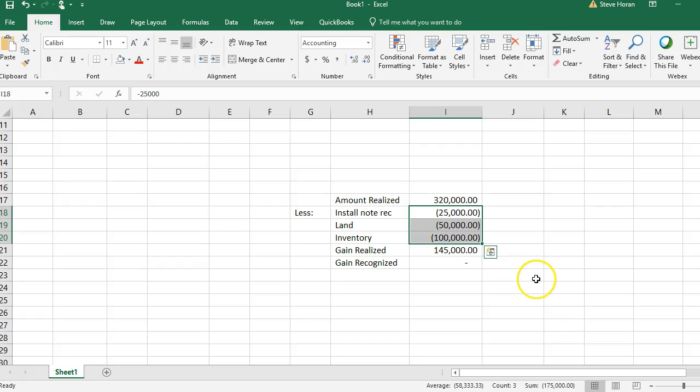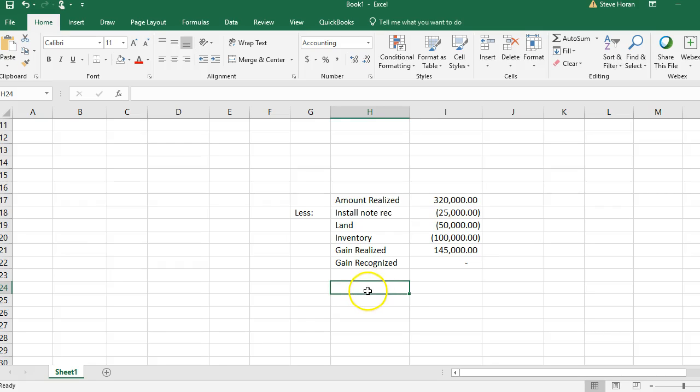Okay. Then for Marie, she receives ordinary income of $80,000, which is taxable. That's taxable income to her. And her basis is also $80,000. So her basis and income are the same. There's no gain to realize or recognize for Marie.